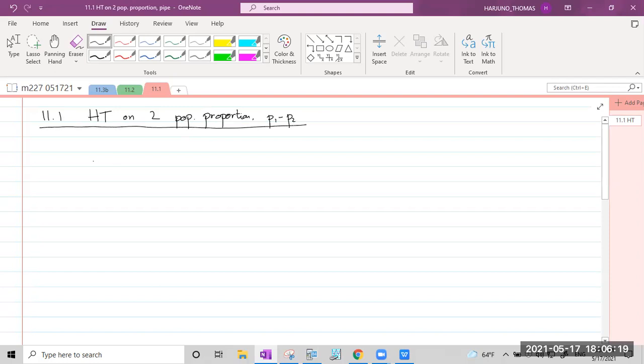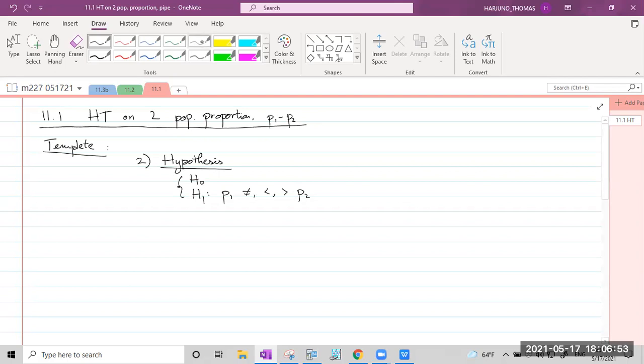Okay, again, the template, steps 1, 2, 3, 4, 5, 6. The difference will be in step 2. We will have a null hypothesis and an alternate hypothesis, where P1 is not equal to, less than, or greater than P2.